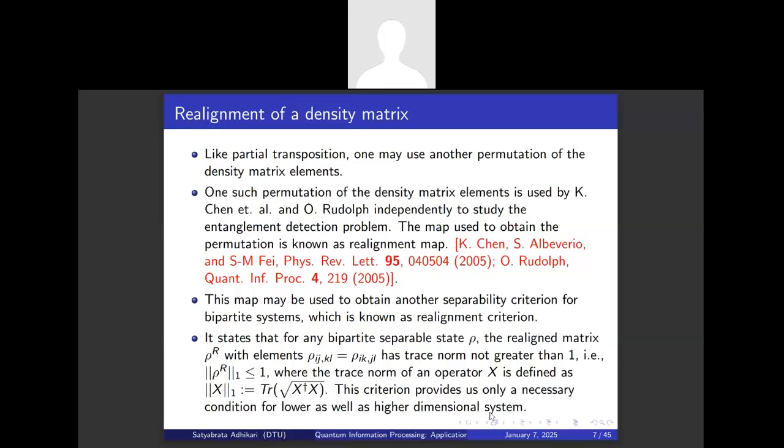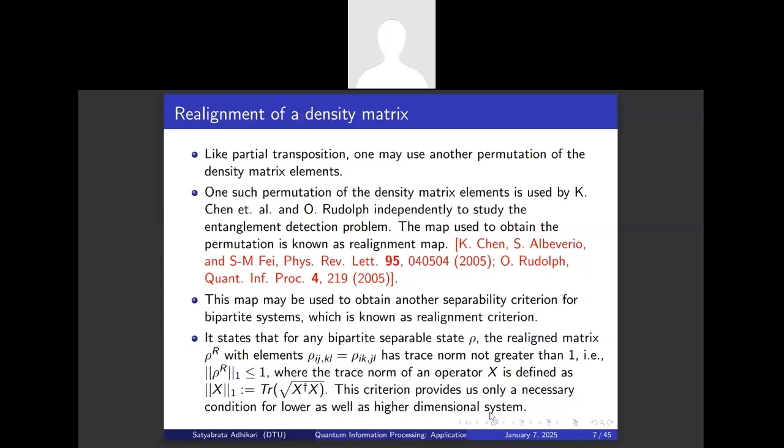It states that for any bipartite separable state rho, the realigned matrix, where rho is the density matrix and in the superscript we have R, denoting the realigned matrix of the given density matrix, if this state is separable, then the trace norm of the realigned matrix is always less than or equal to 1.